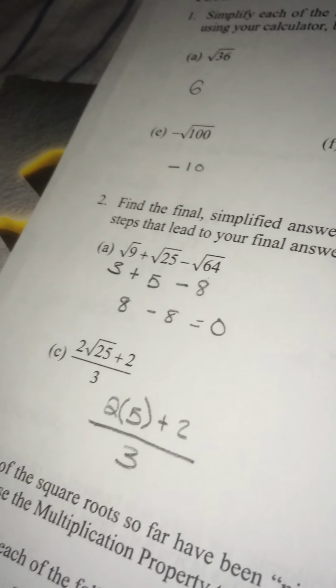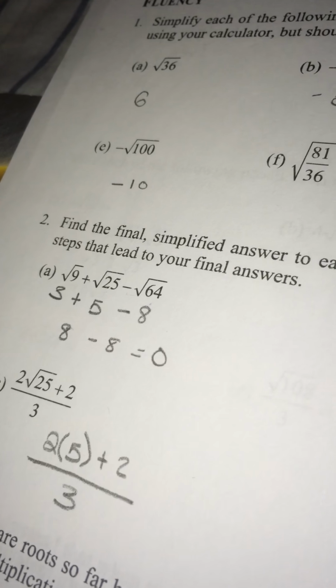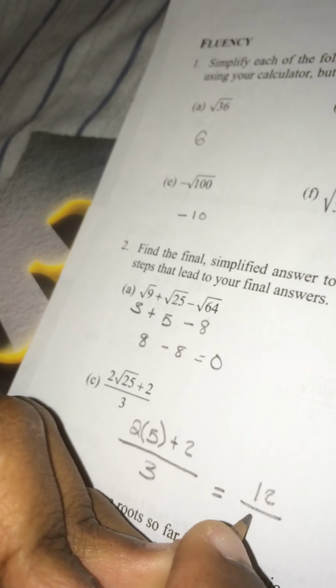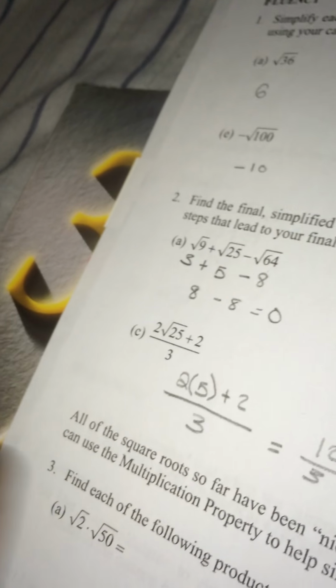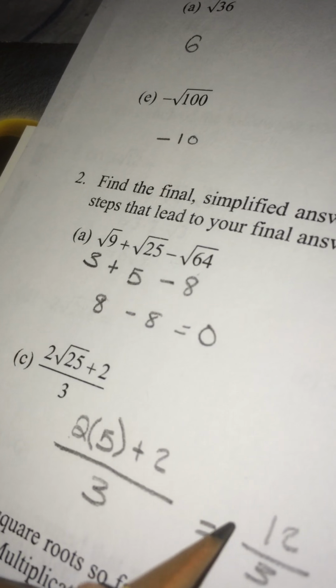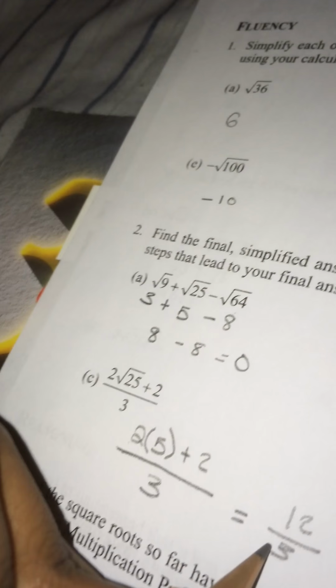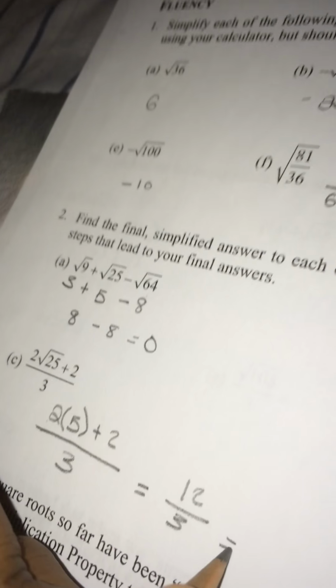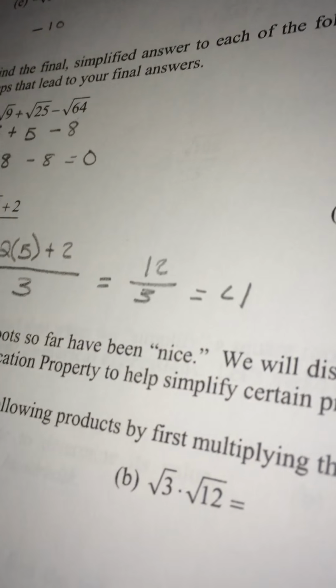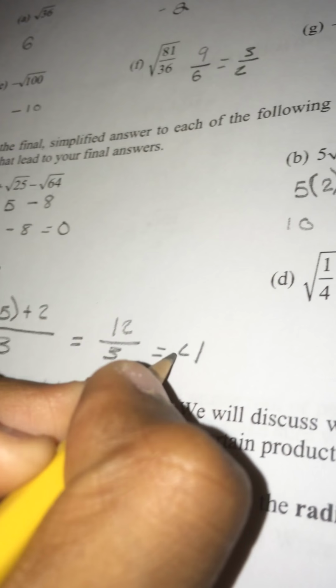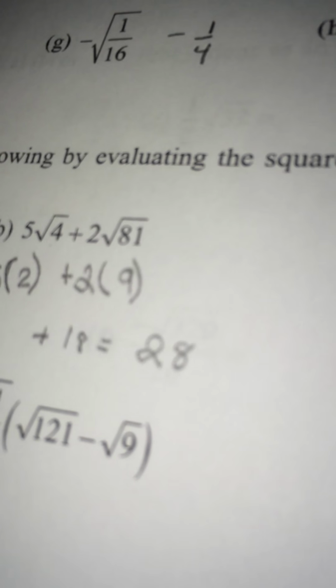You don't even have to use the calculator. 5 times 2 equals 10, plus 2 equals 12, and then we have the 3. 12 divided by 3 will overall equal 4. Sorry, my 4s look like split numbers. On to the last one.